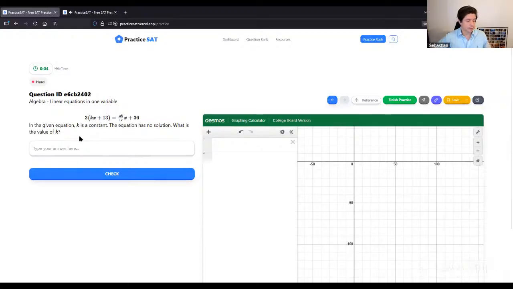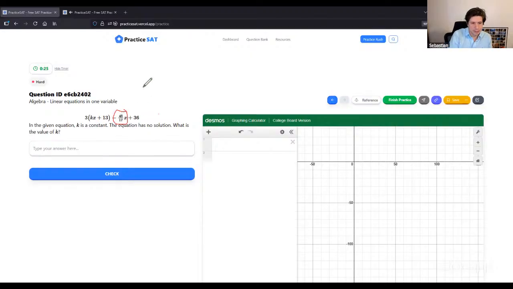Linear equations in one variable. In the given equation, k is a constant. The equation has no solution. What is the value of k? Okay, so for this one, for it to have no solution, the slopes have to match up and the constant values have to not match up.